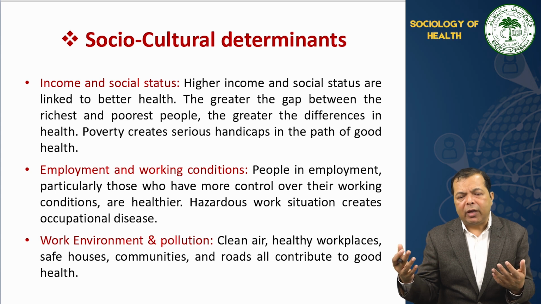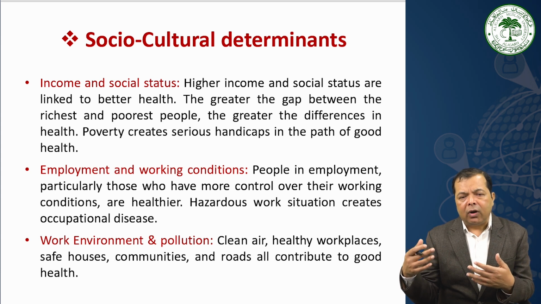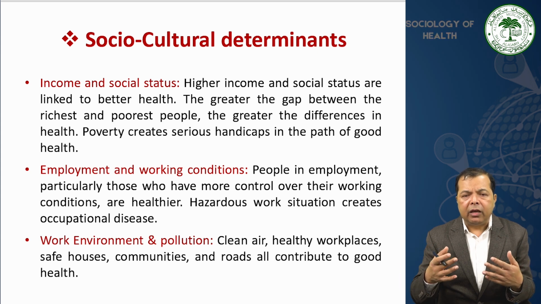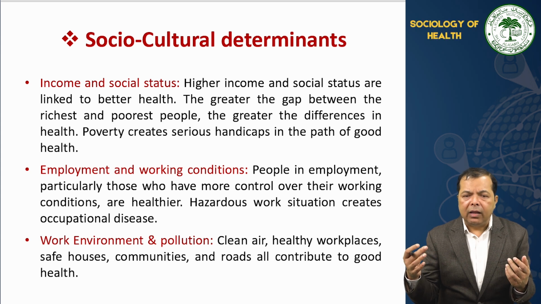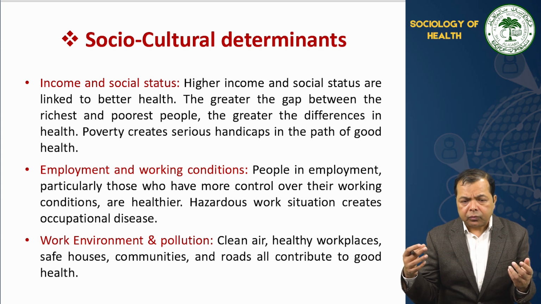In most of the cases, in certain situations things may be different, but in most cases, income, then employment, then work condition, and then social status are all playing a very important role in terms of determinants of health as well as disease. And then the work environment and pollution: we all are aware of how pollution is creating serious health threats.